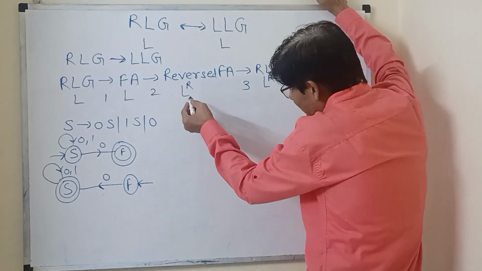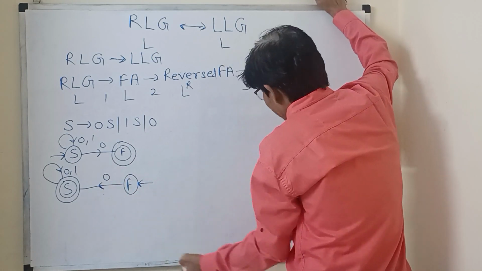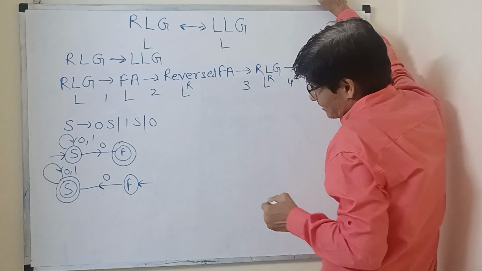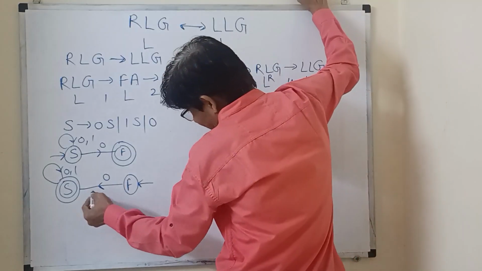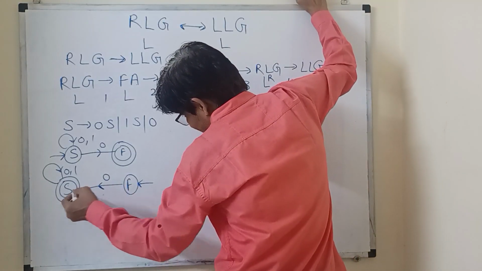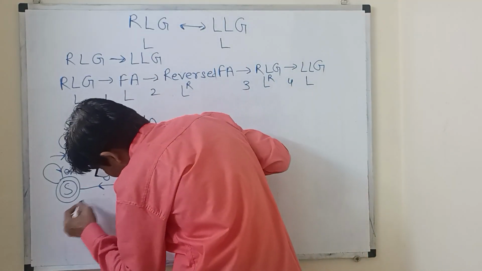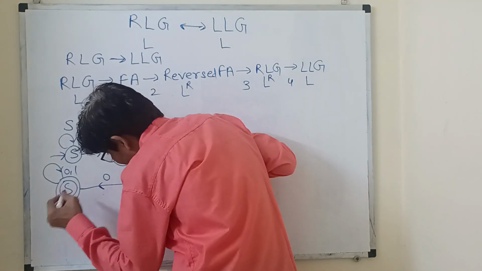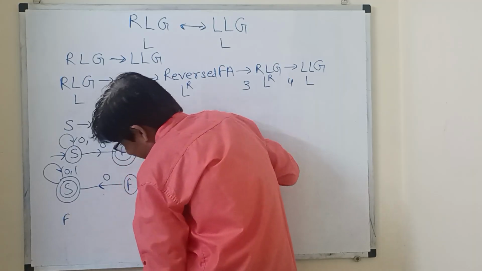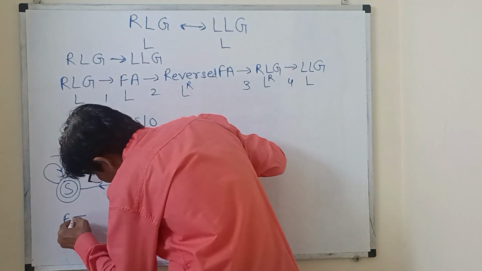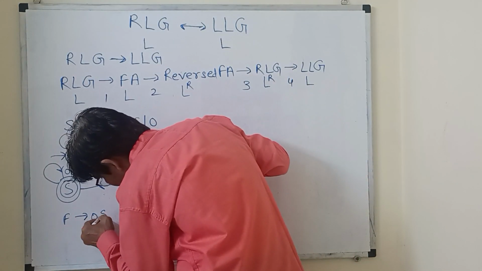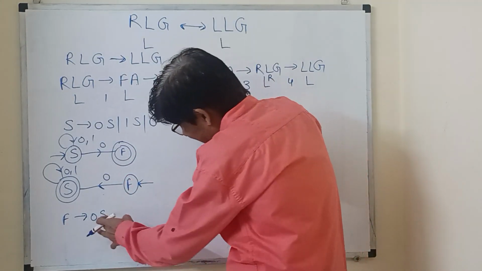Now we will convert this particular finite automata to RLG. How can you do it? First we will consider F, as it is the initial state. On F, if we apply a 0, we move to S. So I can write it like this.